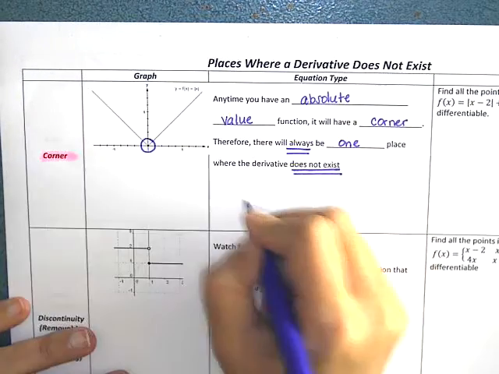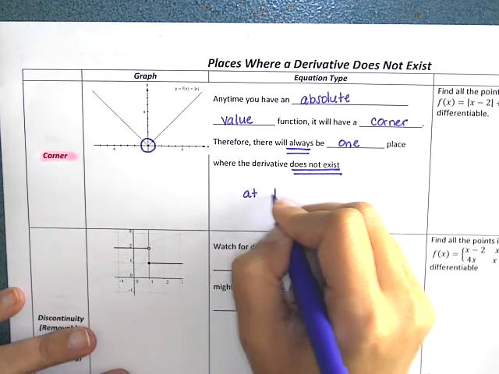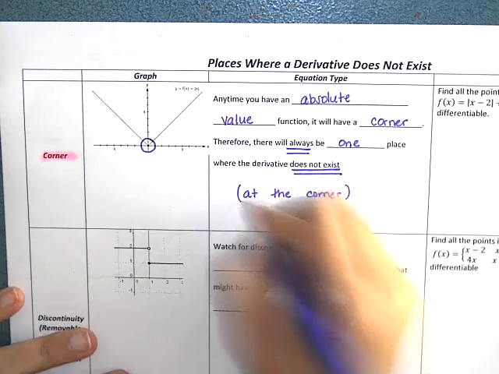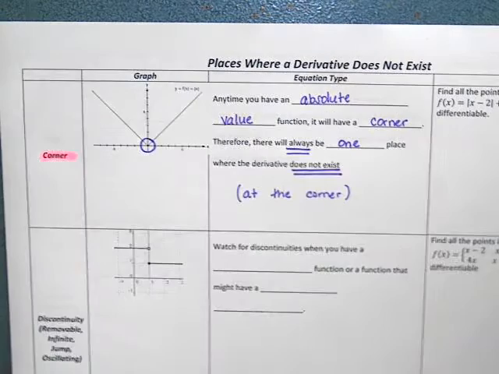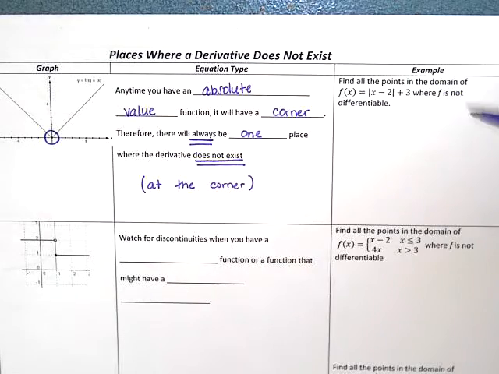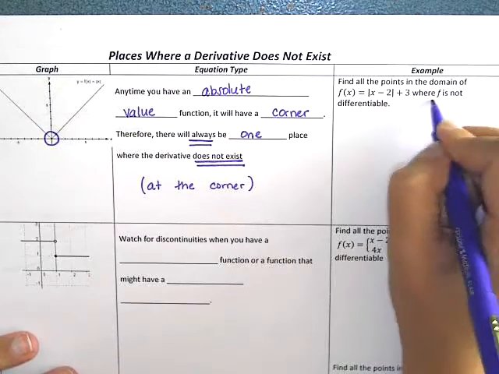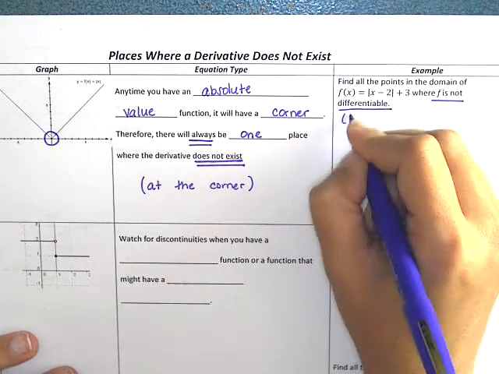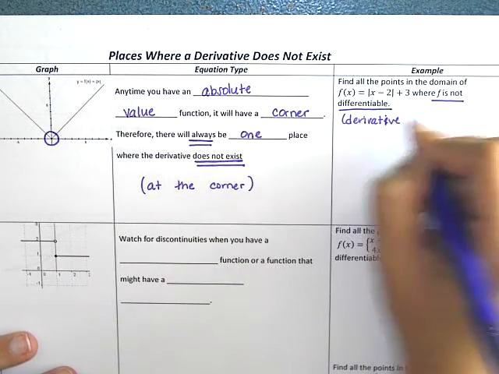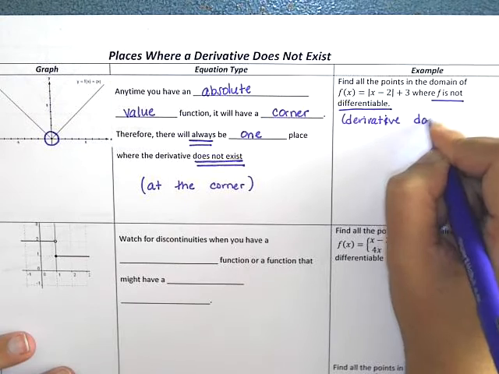And that place is at the corner. So if we look at this example, it says find all of the points in the domain of this function where f is not differentiable. F is not differentiable means that the derivative does not exist.